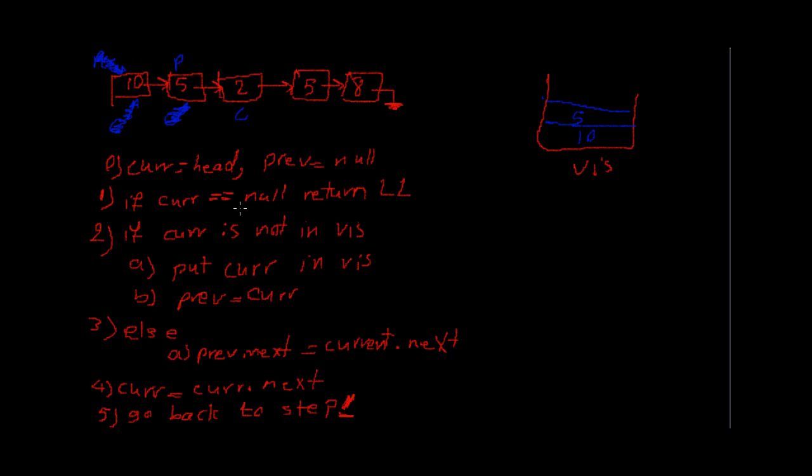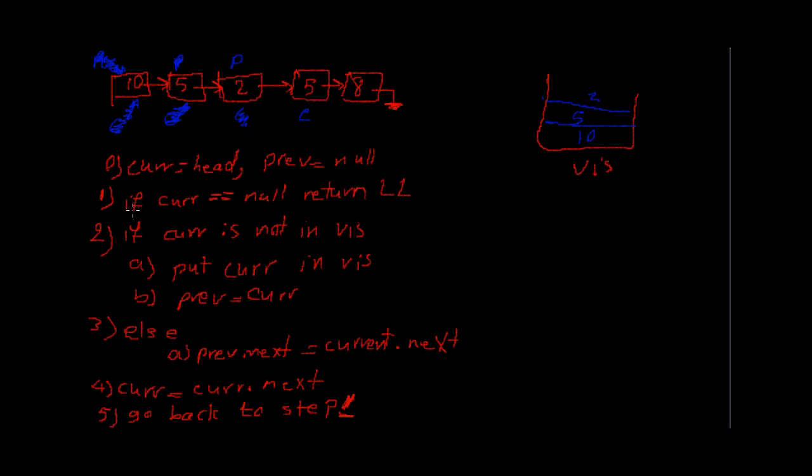We go to the next step, is not in the visited buffer, so we're gonna put the current in visited buffer, so 2 is gonna also go here, and then previous is gonna go to the position of current, and then else is not going to be executed, and then we're going to go to step 4, which says current is equal to current.next, so we're going to move this current in here and then go back to step 1.